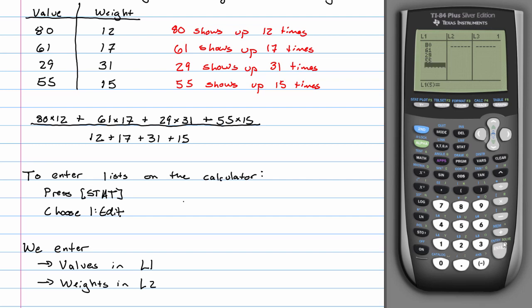You notice the mistake I just made. I started reading across rows instead of down the columns. Don't do that. You want all the values in one list, all the weights in another list. So my weights are 12, 17, 31, and 15.